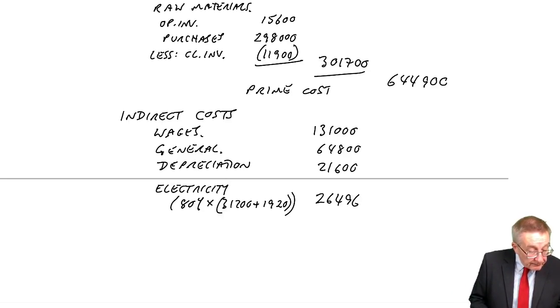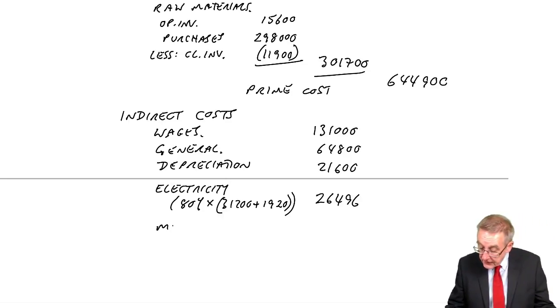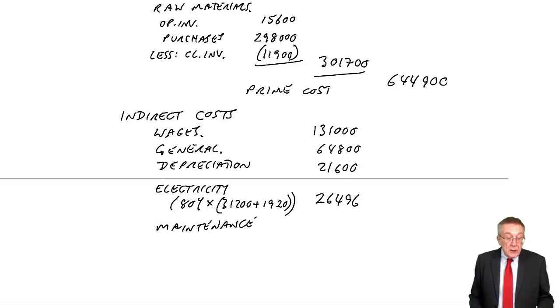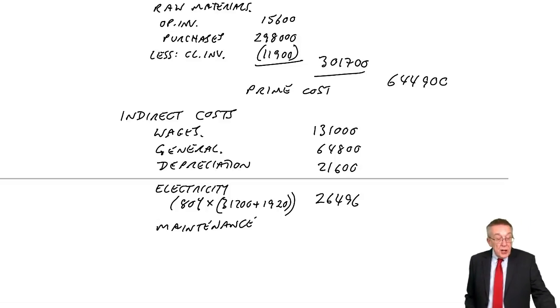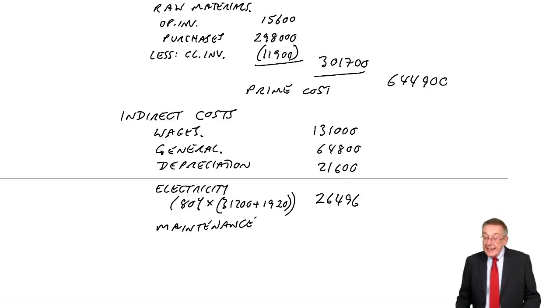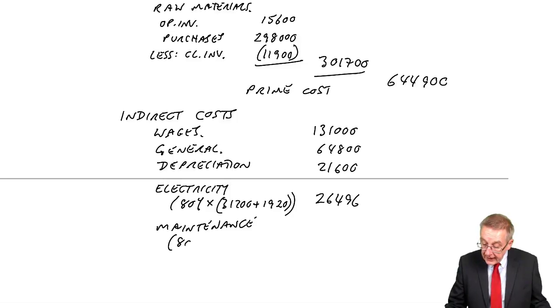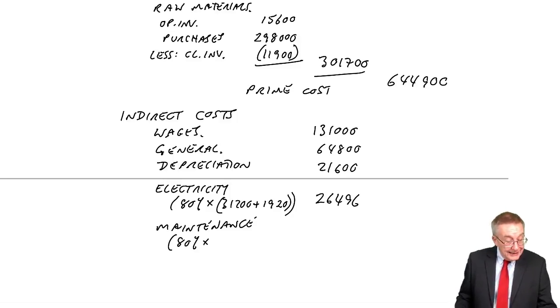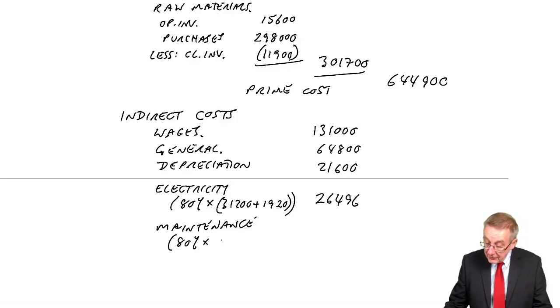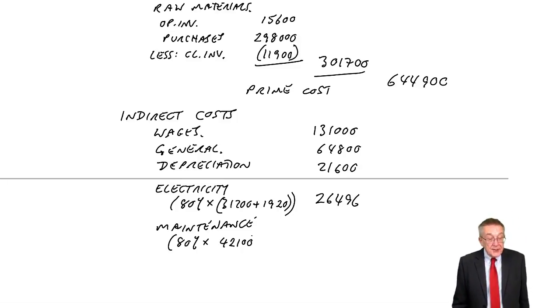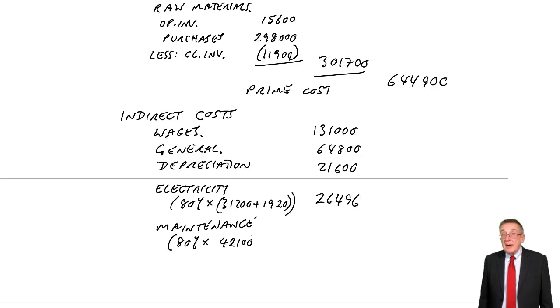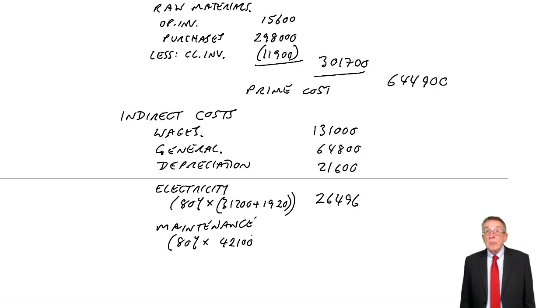Finally, maintenance expenses. Again, I've jumped over it because, again, note 2 says only 80% relates to the factory. How much was it? 42,100. And note 3 says we had paid in advance 1820.